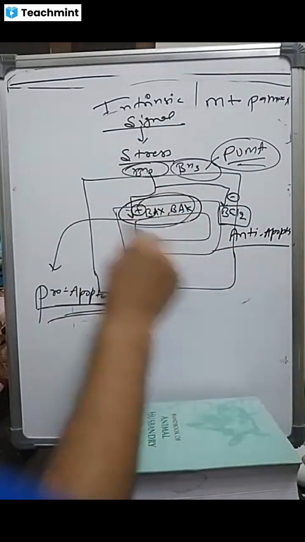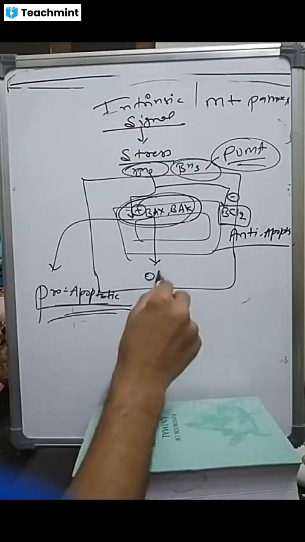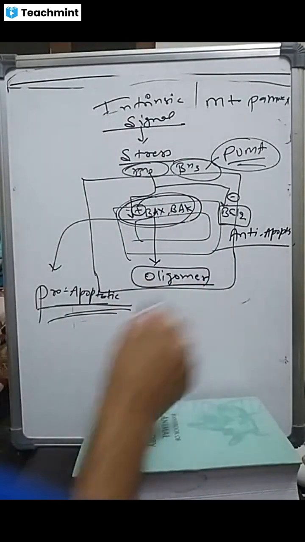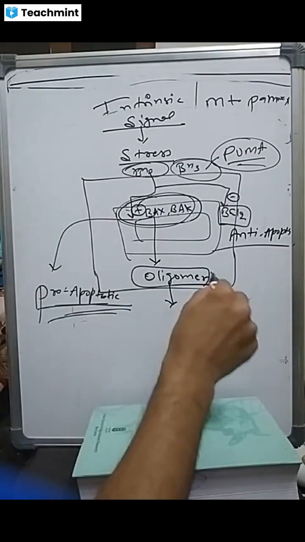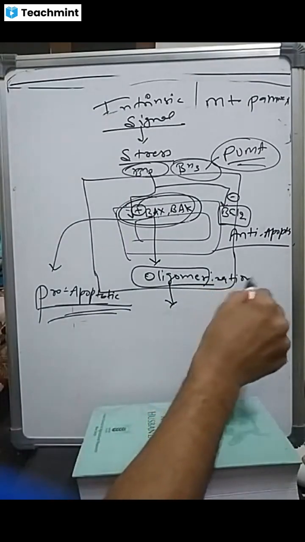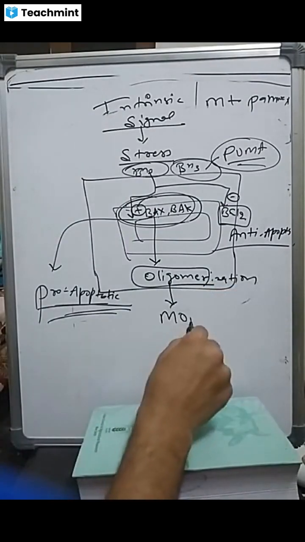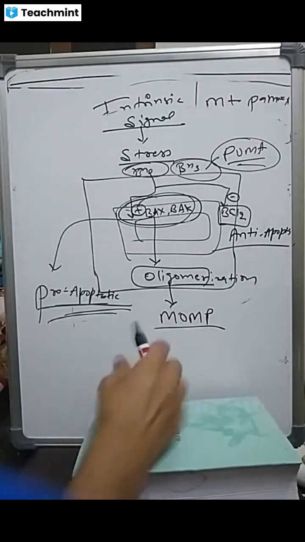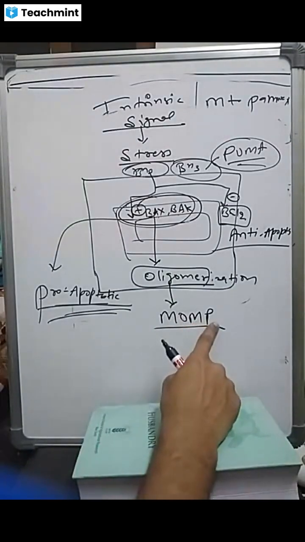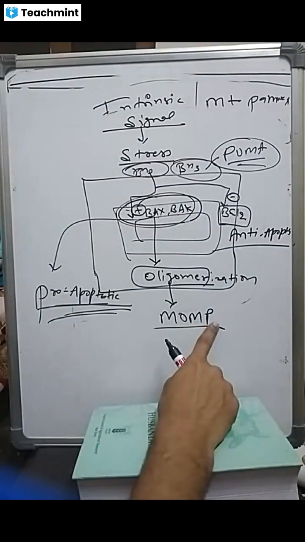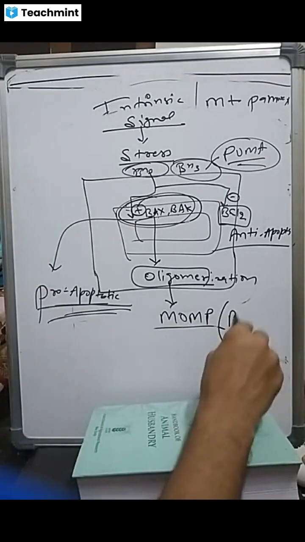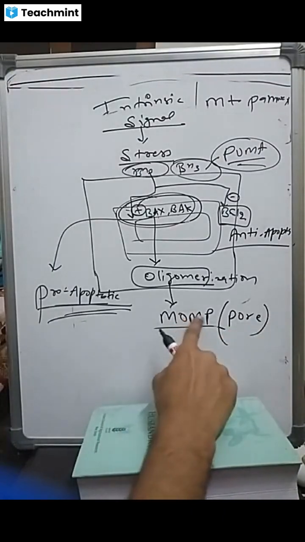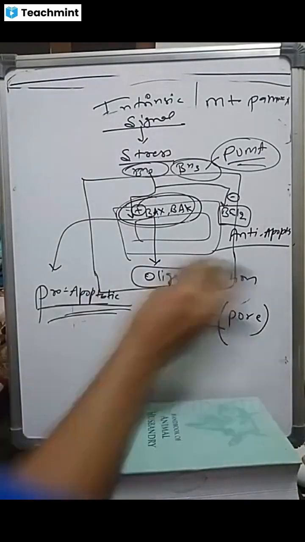If you stimulate these two, they will form oligomers. Oligomerization will occur, and they will form mitochondrial outer membrane permeabilization, which is nothing but pores in the outer membrane.